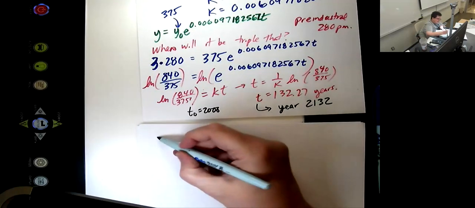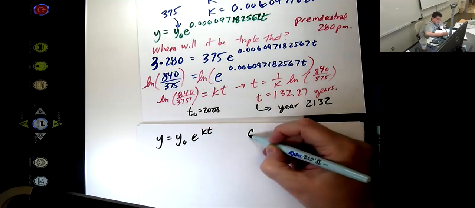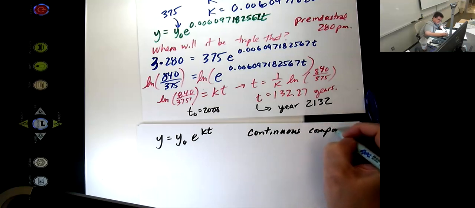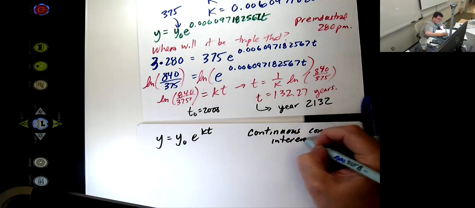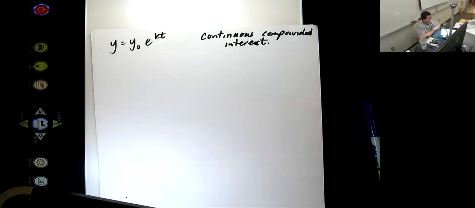Y equals y naught e to the kt is also for continuously compounded interest. I'm not going to do a full problem. I'm going to get you started because Luis is going to hold me to that 5 minutes early, which is in 3 minutes.